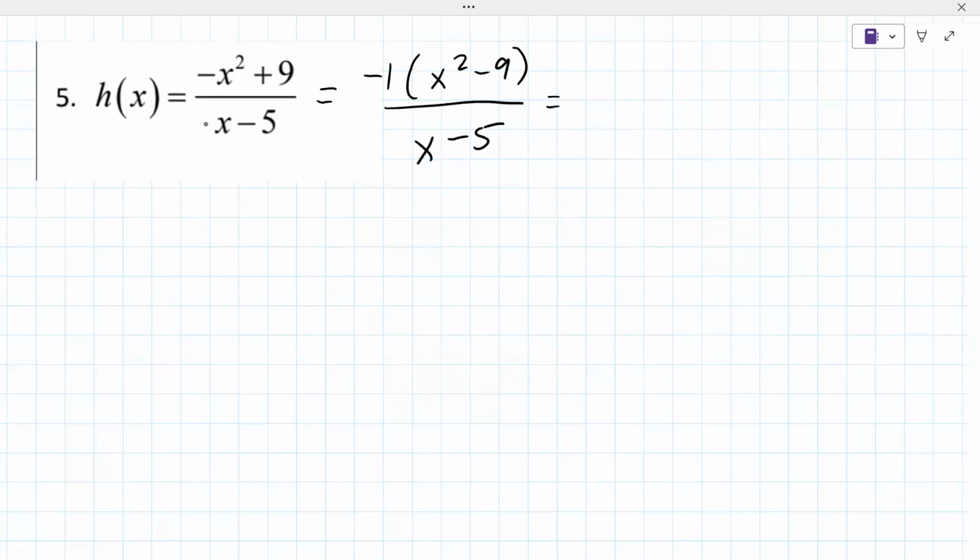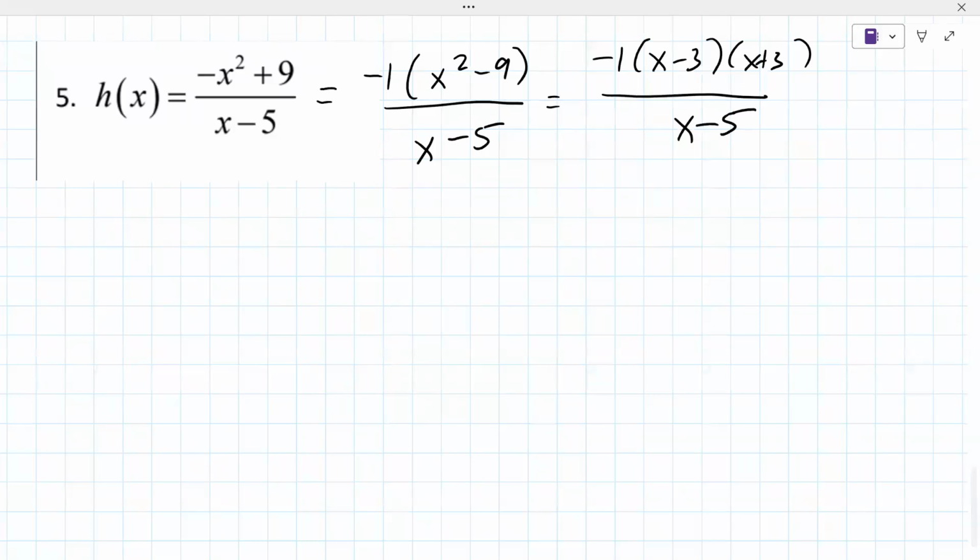And then you'll see that factors into a difference of squares, x minus 3 times x plus 3. So super important that you get it into factored form.